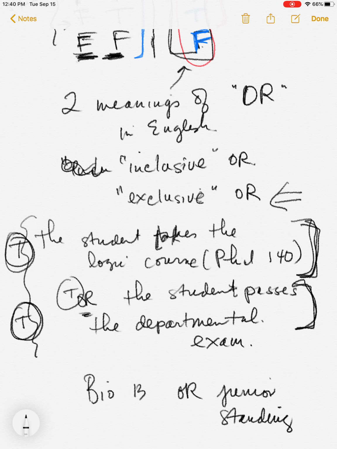That's a prereq for some biology course. There's just no way that if you've both taken Bio 13 and you're a junior, they're going to say, nope, you haven't satisfied the prerequisite, right? So here's another example of or being used inclusively. And there are many, many such examples.